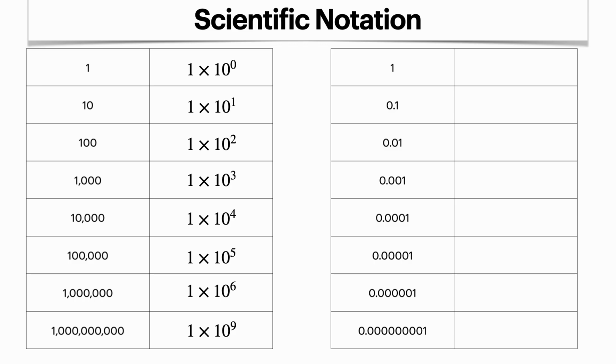What if you went the other way? 1 is still 1 times 10 to the 0th, but what about 1/10? There's still 1 zero, but how do you write that? You write 10 to the negative first. 1/100th would be 10 to the negative second.